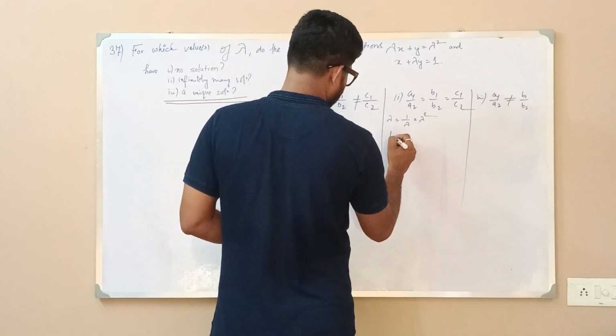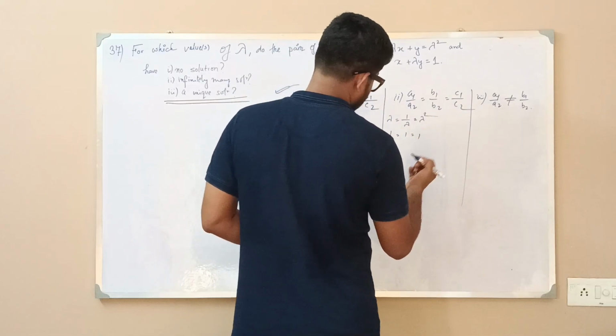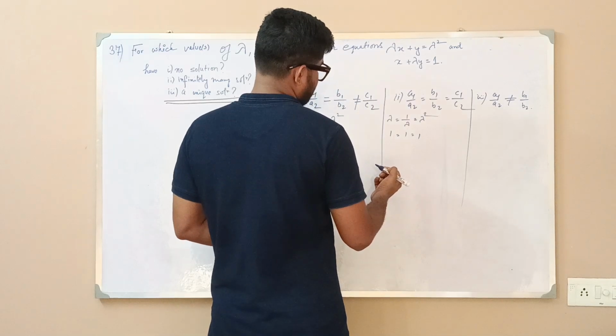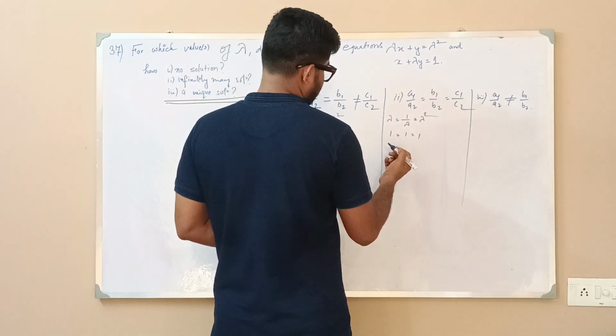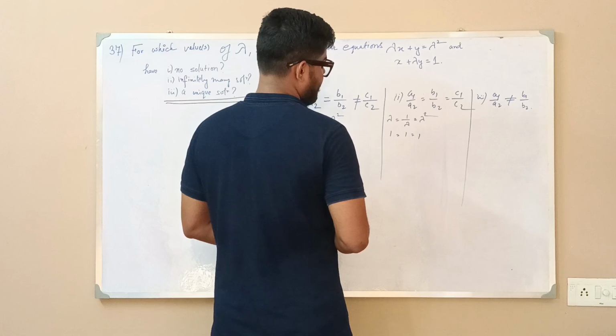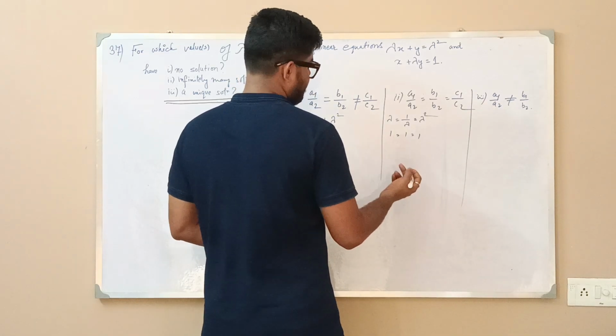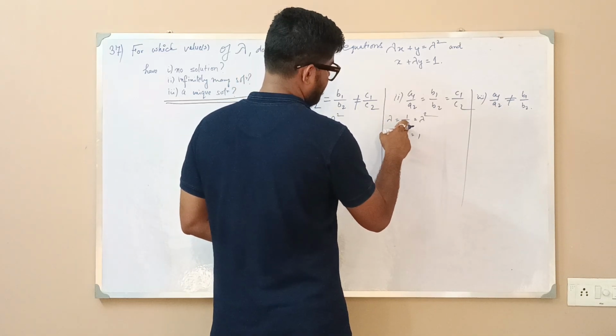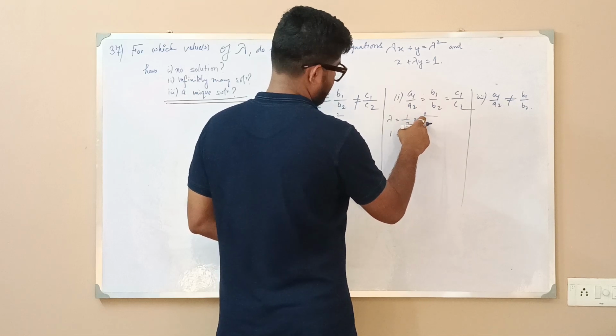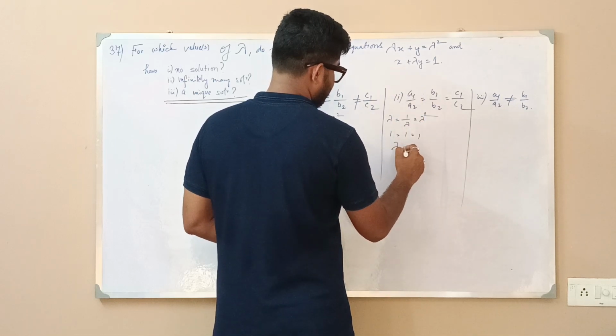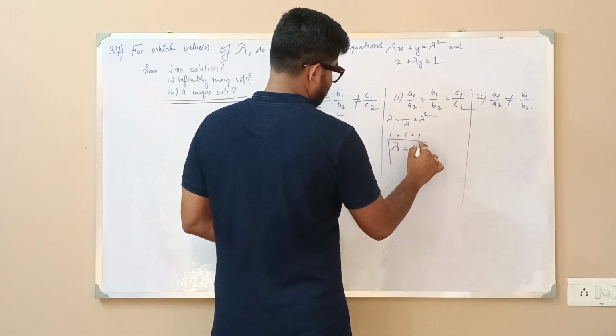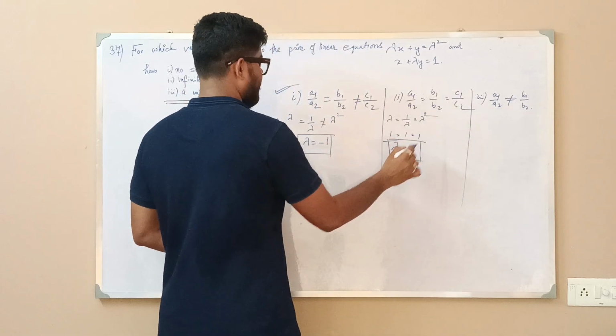If you take 1 1 and 1, you will get 1, and if you take, no, actually in the second case you cannot take negative 1. Okay, because if you take negative 1, it will become minus 1 and 1. So you have to take the value of lambda as 1. So over here the value of lambda will be 1.